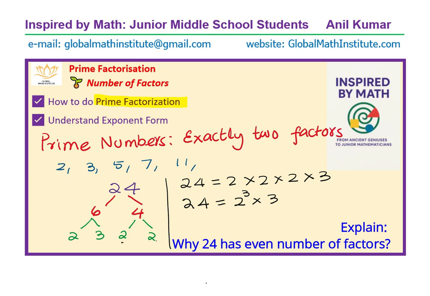Now the exercise for you is, if prime factorization of 24 is 2 cubed times 3, how many factors are there of 24? So find the number of factors of 24. Okay, so that is an exercise for you, right?